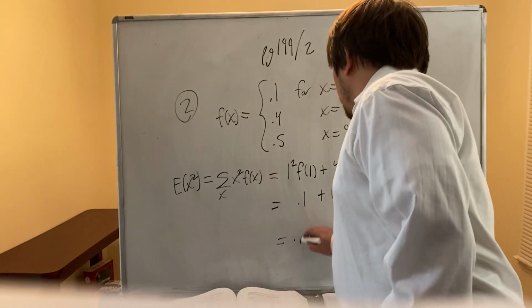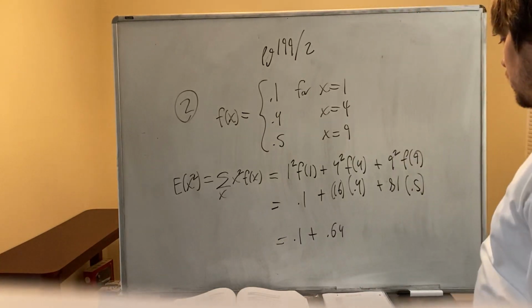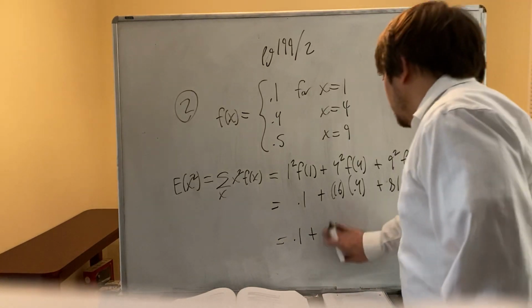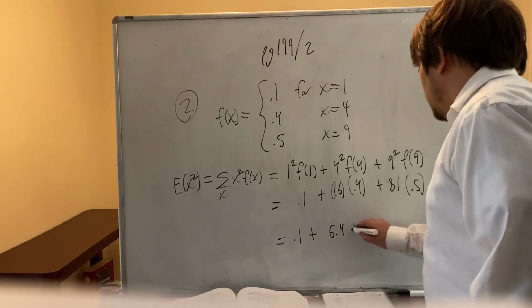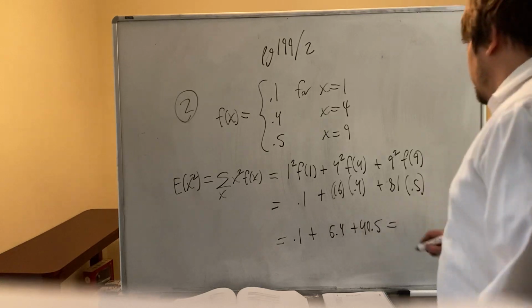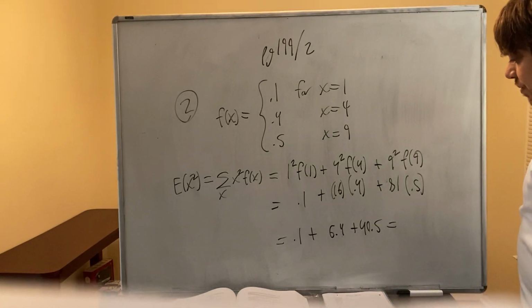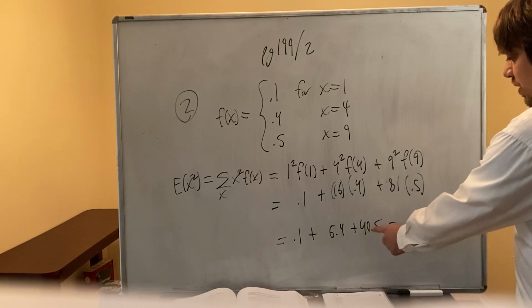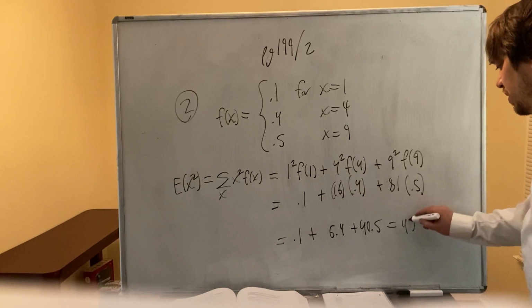And so this is equal to 0.1 plus 6.4 plus 40.5. And so this is 46.9 plus 0.1, so it's 47.